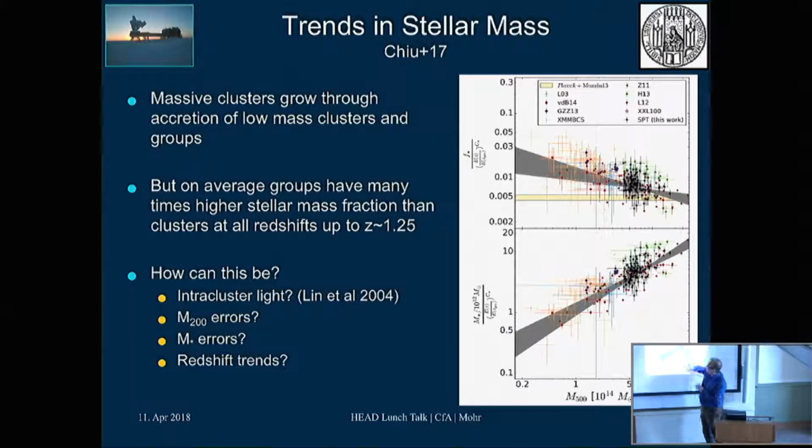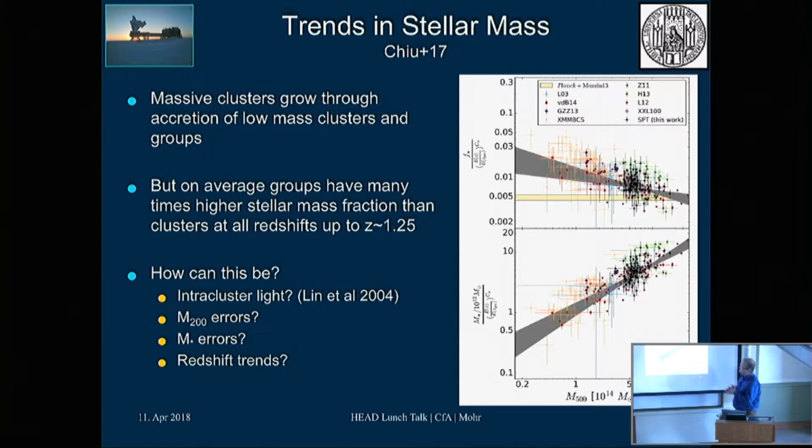What we actually fit was the stellar mass versus the halo mass, but then of course we can turn that into a stellar mass fraction, which is easier to discuss. You can see that for low mass systems down here around 10 to the 14, which we're not probing, but we show not only our data here in black points, but other data sets as listed above, the groups on scales of 10 to the 14 have much higher stellar mass fractions than the clusters on scales of 10 to the 15.